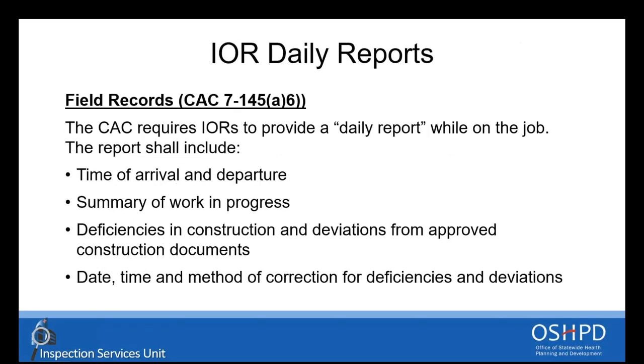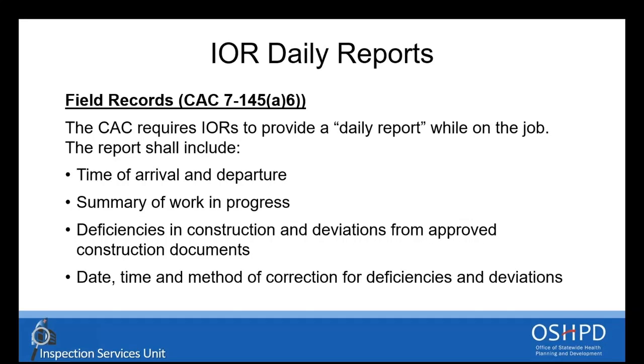Next. And the IOR's daily report, that's in 7145A6, and it's required that you have a daily report, although it does not state that you need to prepare them on a daily basis. However, you should do them as soon as possible, so you might not forget what happened a day or 2 days ago.